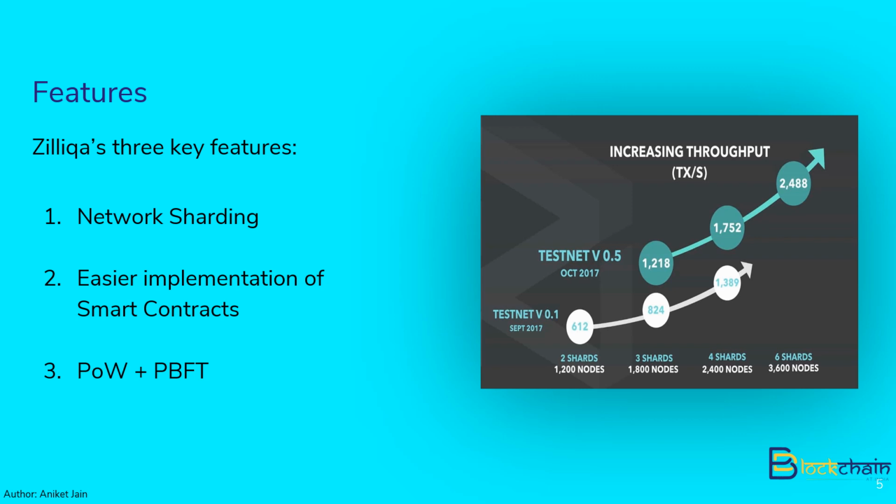Network sharding is simply breaking of nodes into groups called shards. Zilliqa uses Scilla rather than Solidity, which makes it easier to implement smart contracts. And Zilliqa also uses a multi-layer consensus protocol, which is POW and PBFT. Now, we will discuss all of these three features in detail.